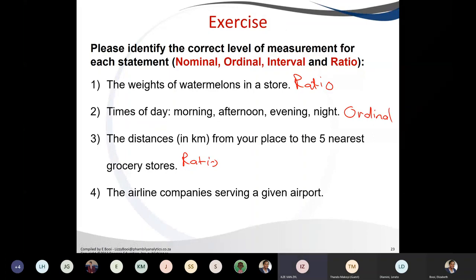It's nominal. It is nominal because the airline companies are like Safair, BA, Kulula, Mango, SAA. So it will just be nominal.